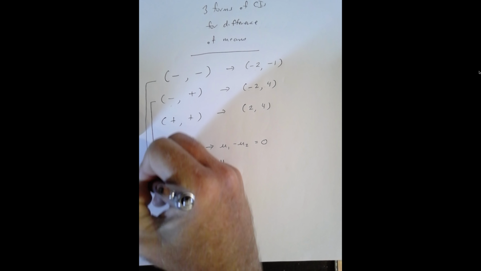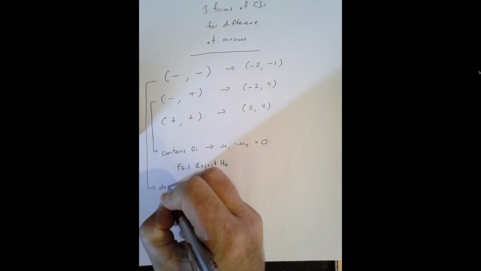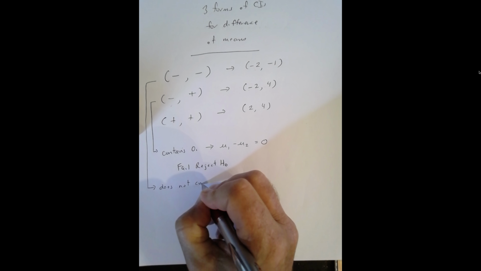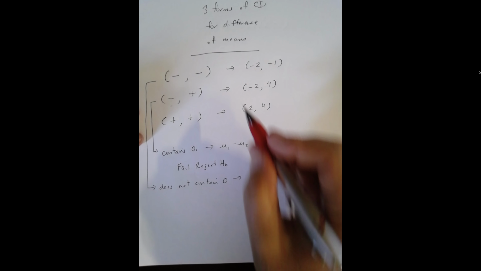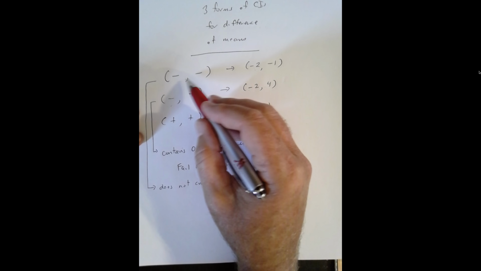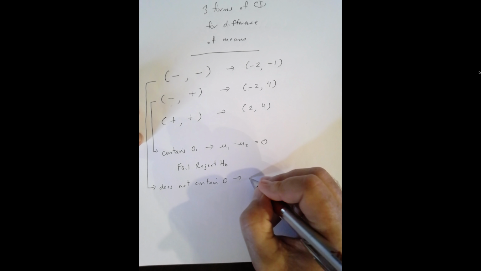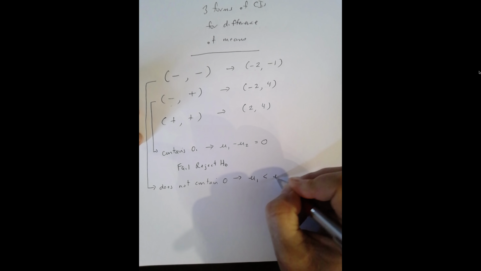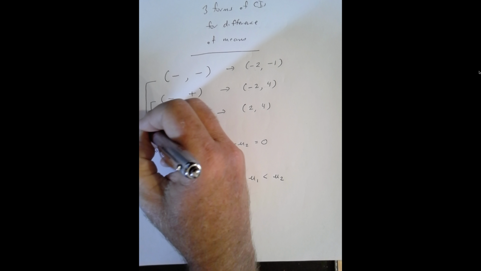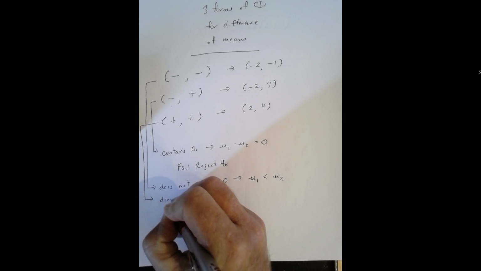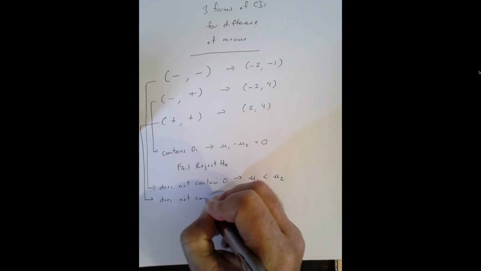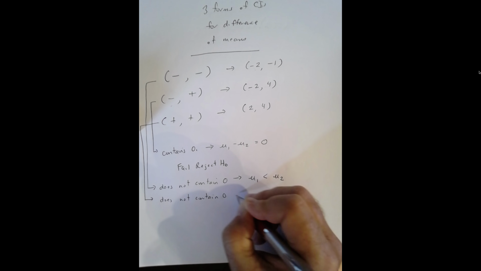This one, on the other hand, does not contain 0. And since both are a form of negative, this concludes that our mu1 is less than mu2. This one, on the other hand, also does not contain 0.